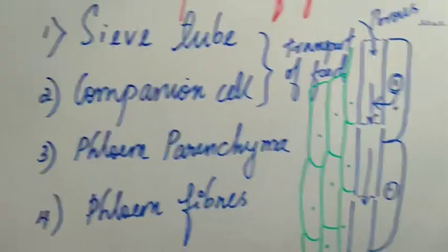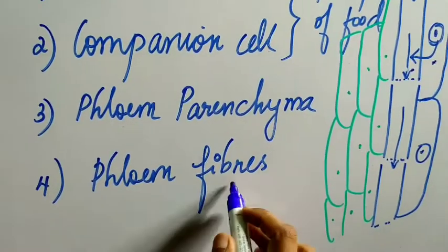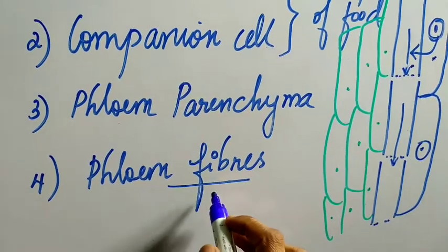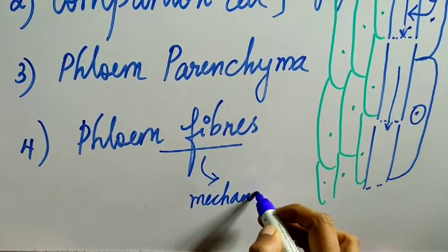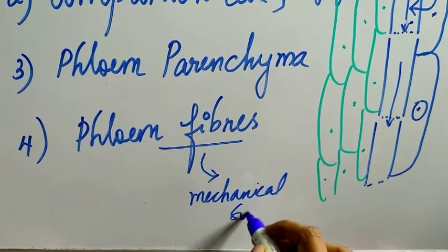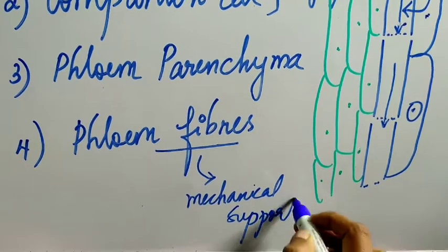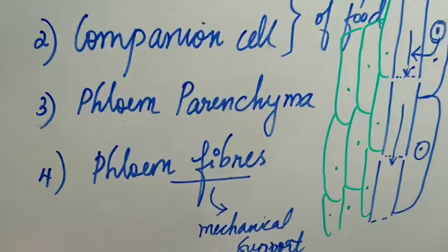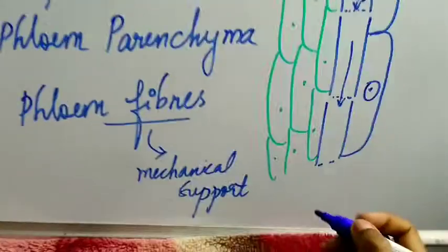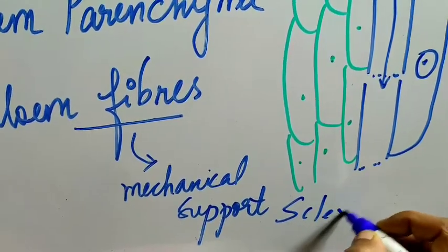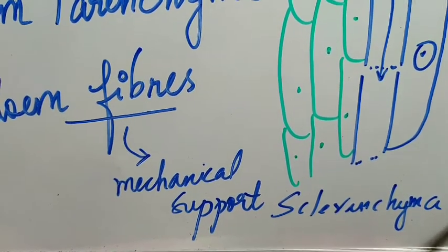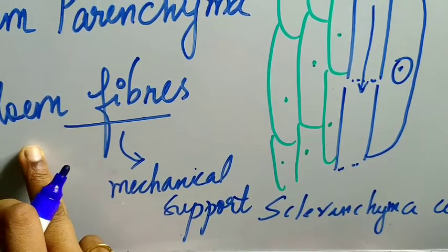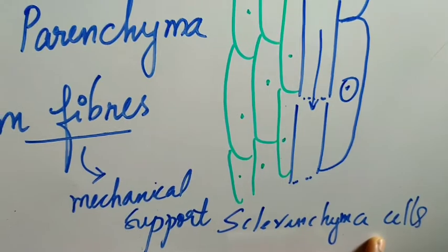Okay, now the last one, phloem fibers. They are dead cells and their function is providing mechanical support. These phloem fibers are sclerenchyma cells. Sclerenchyma cells are dead cells. So these phloem fibers that we're talking about are made up of sclerenchyma cells.